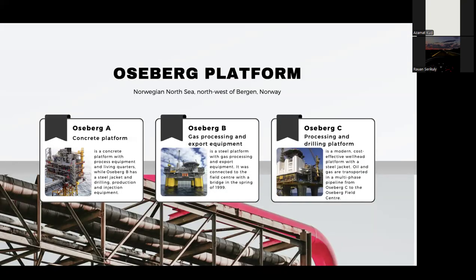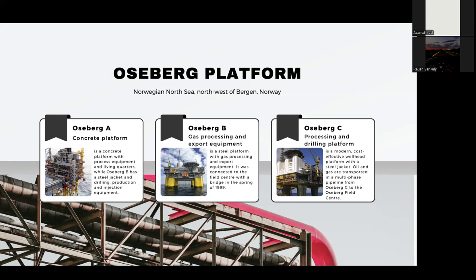So the Oseberg platform is divided into A, B, C. First, Oseberg A is a concrete platform located in the North Sea, northwest of Bergen, Norway. It's a concrete platform with process equipment and living quarters.